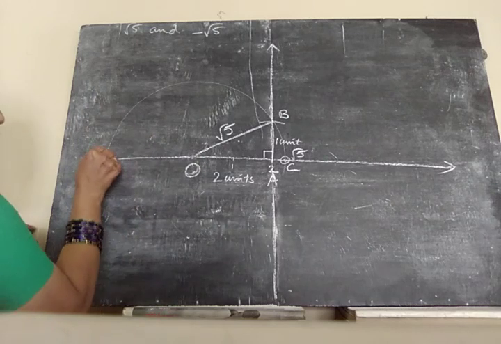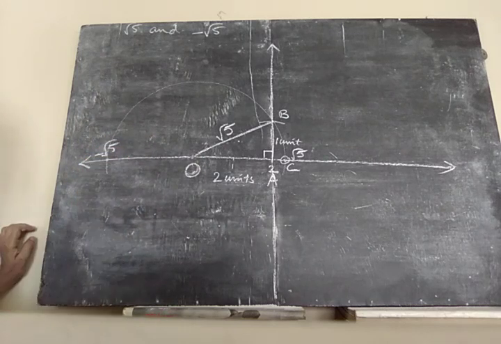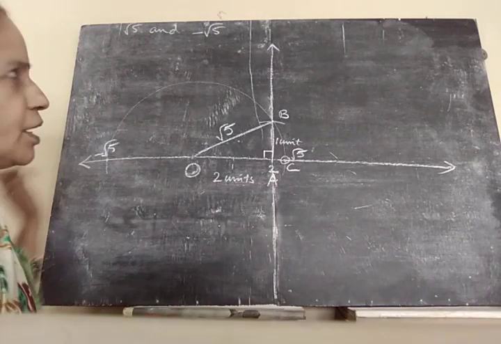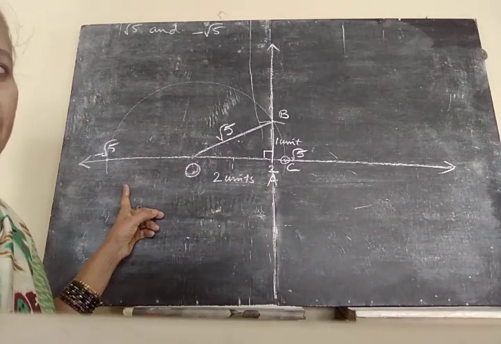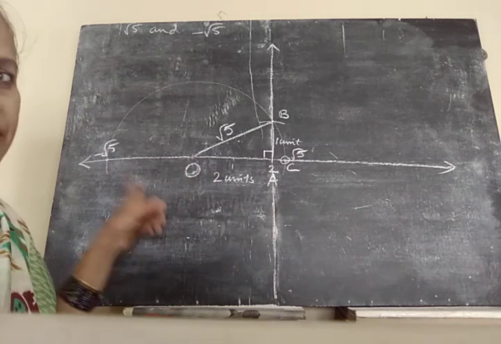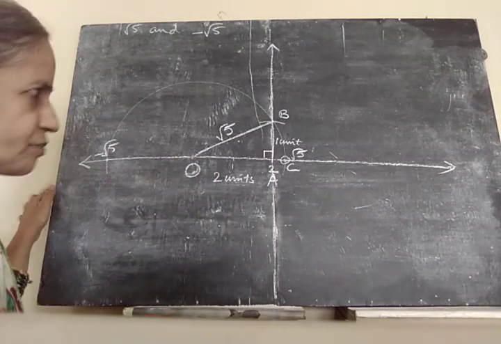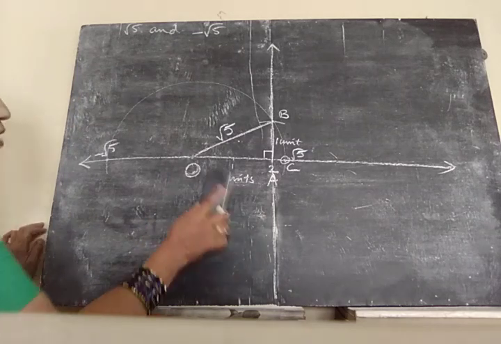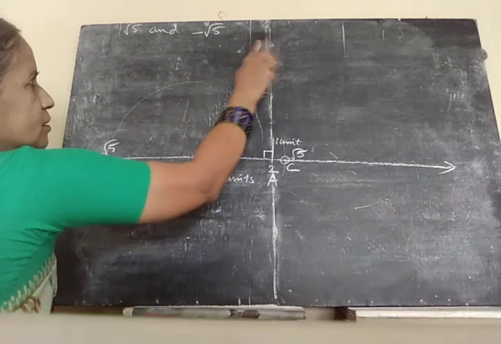This is the position of minus root 5. Understood, children? So like that, root 5 and minus root 5 on the number line you have to represent with this method. Understood? Now root 10 like this only. You have to take here 3 units.